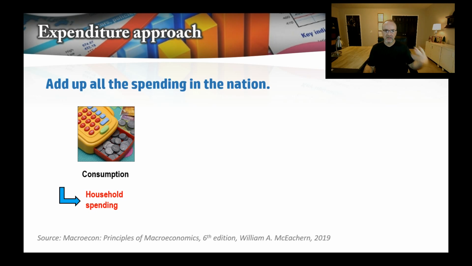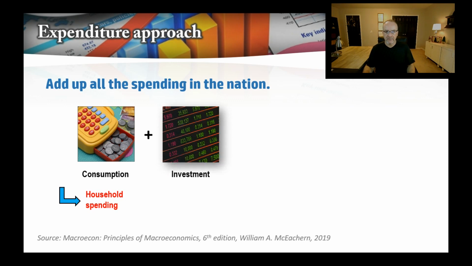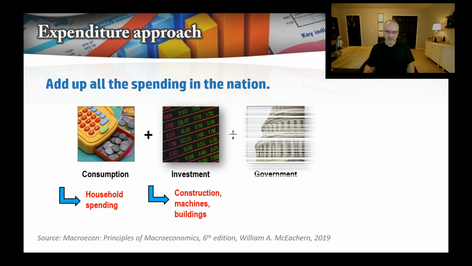What individuals and families spend on final goods and services, whether it's food or homes or appliances or whatever. Household spending is consumption. And then they add to that what's called investment spending. Investment spending has to do with businesses, and it's what they spend building new facilities, buying new machines, constructing things. Investment spending. That's for businesses.